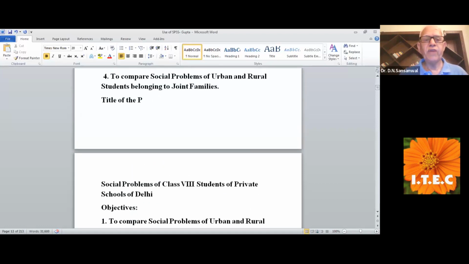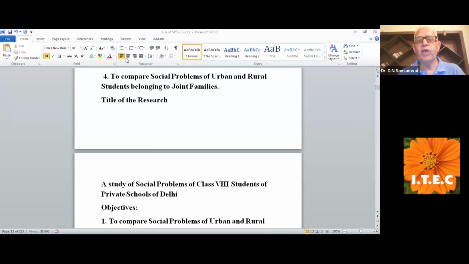This is the title for the paper. Now research: you have to write a study of, because without writing a study of, it does not become research. A study of social problems of class 8 students of private schools of Delhi.